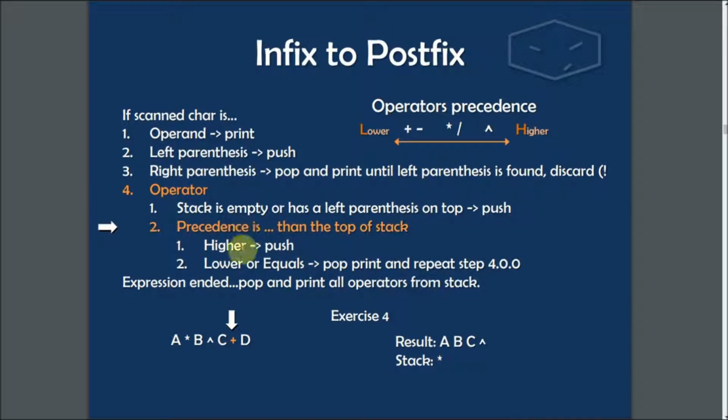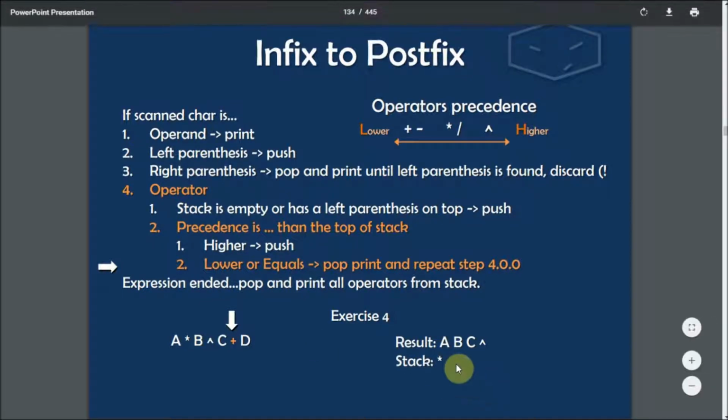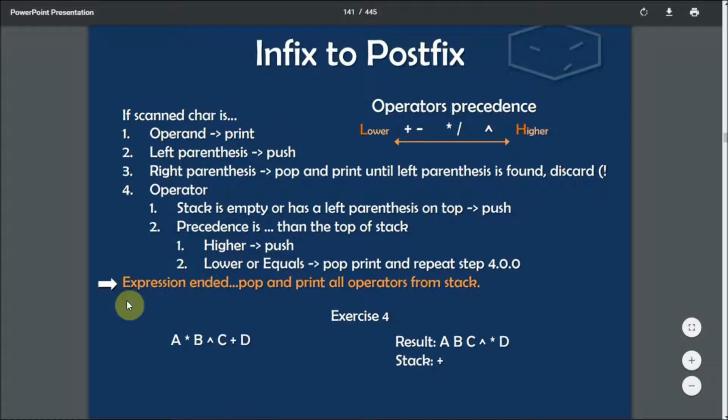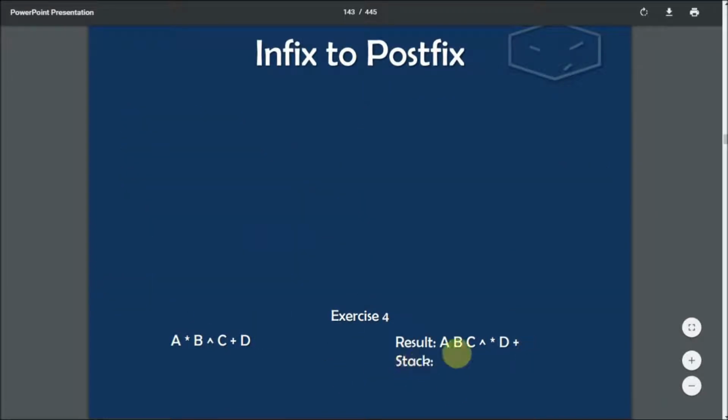Again, precedence plus against times, it's lower again, so pop and print. Go again. Now the stack is empty, so we push on the stack. We have D is operand, we print. The expression ended, pop and print, and this is the result.